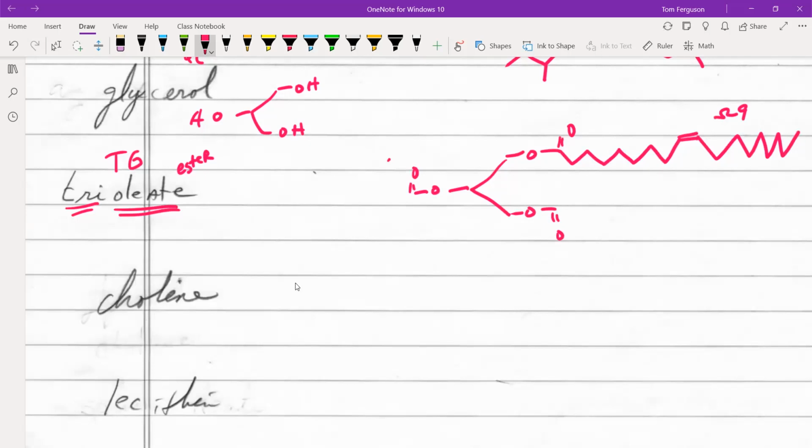And this would be this same thing as that. That would be trioleate. Okay, so this is the glycerol backbone. So it's functioning as the alcohol. And these are the 18 carbon acids.